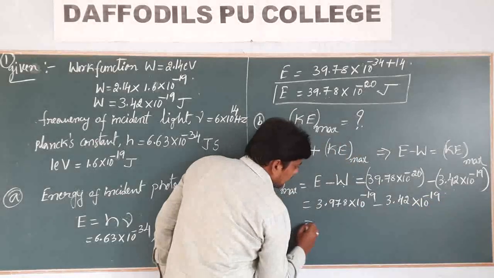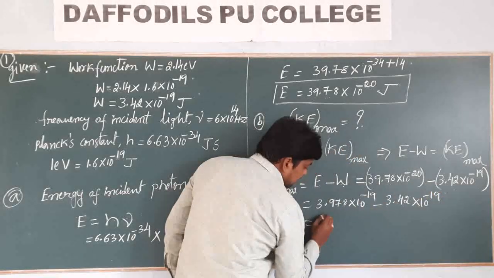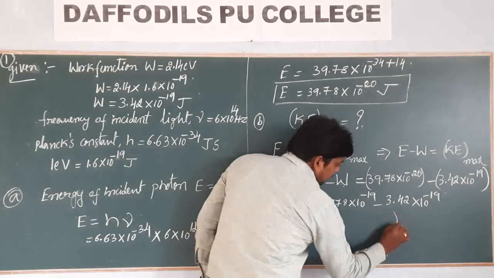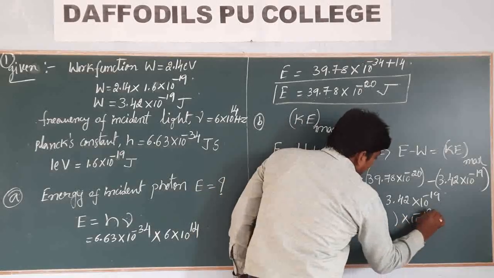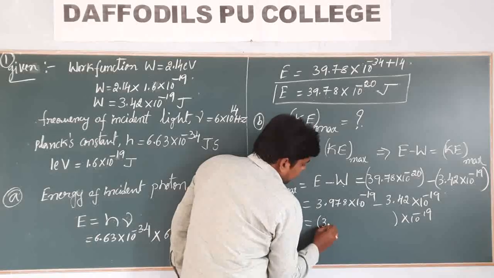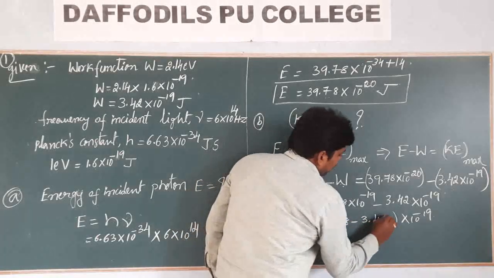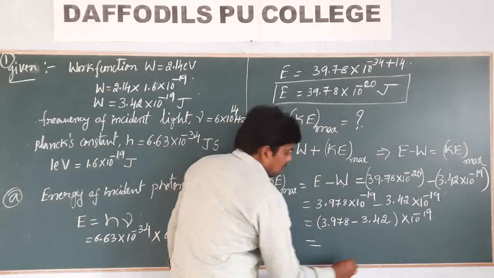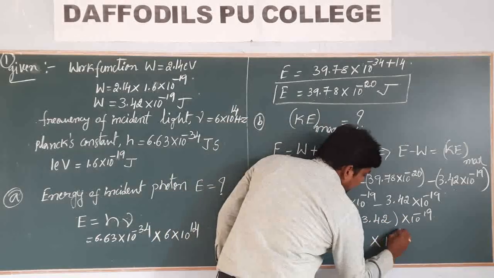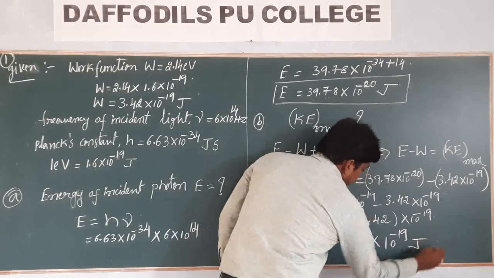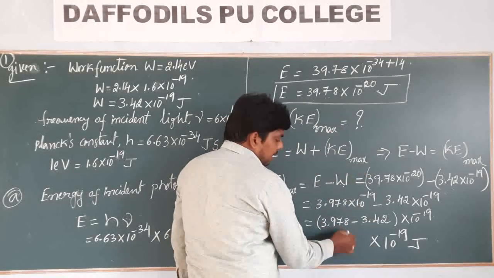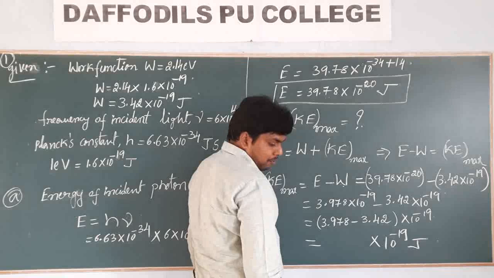Now take the 10 to the power minus 19 as the common. The remaining thing is 3.978 minus 3.42. Calculate this one and write the kinetic energy in terms of the joule.